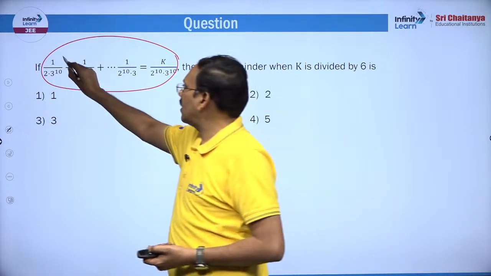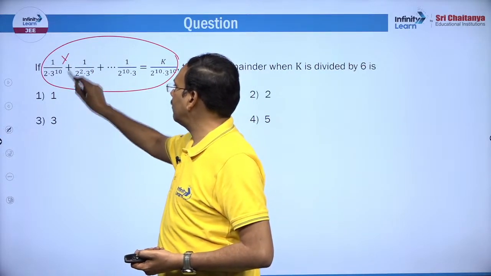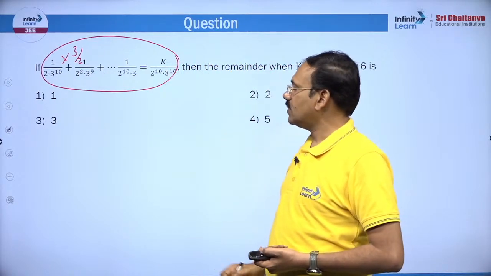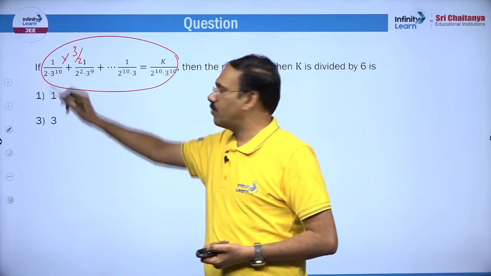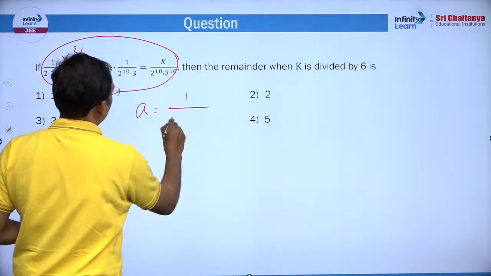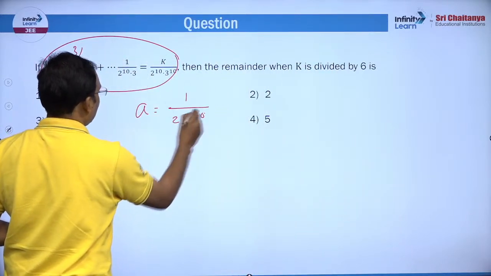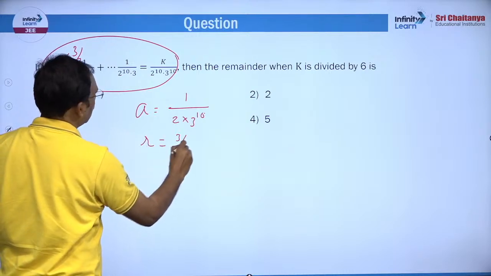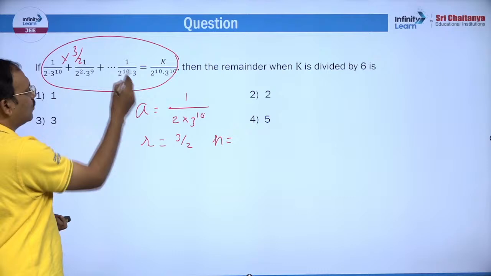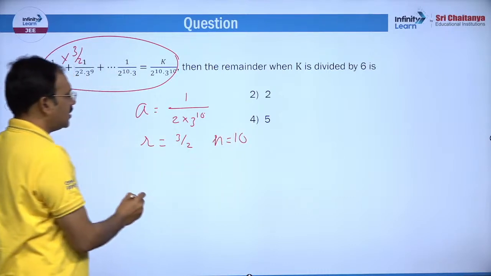That means every time you are multiplying the previous one with 3 by 2. So, 3 power 1 decreases, 2 power 1 increases. It is a GP with first term A equal to 1 by 2 into 3 power 10, common ratio R equal to 3 by 2, and number of terms, you can see 2 power 1, 2 square, 2 power 10. Yes, it is a GP.